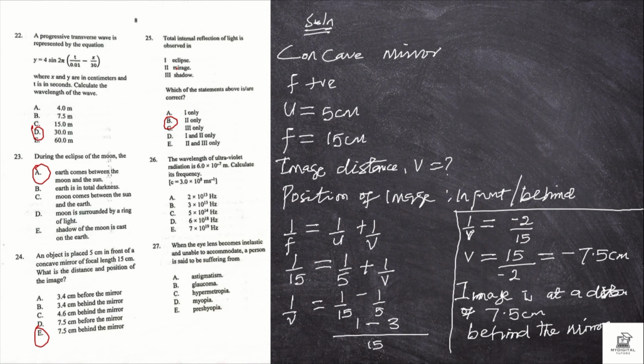And shadow is as a result of rectilinear propagation of light, isn't it? When light falls on an opaque object, it will cast a shadow. So the only thing that occurs as a result of total internal reflection is mirage. Option B, Roman figure 2. Are we clear from this explanation? Okay, that is about question 25.